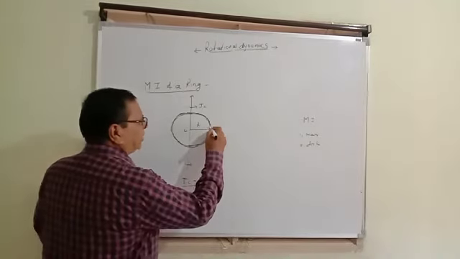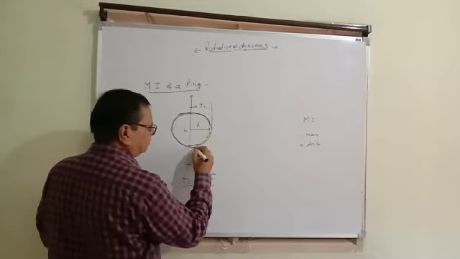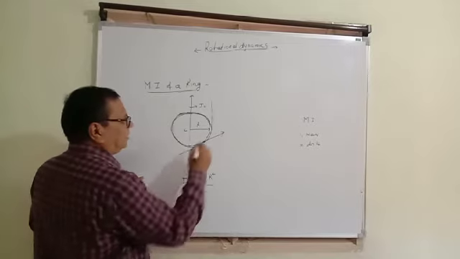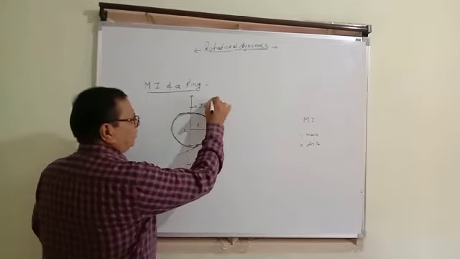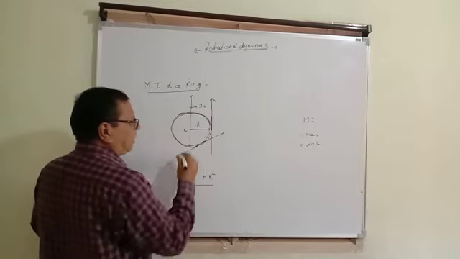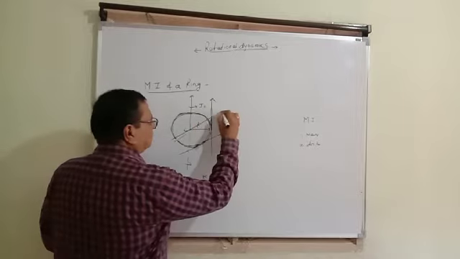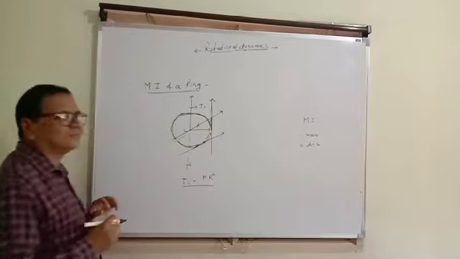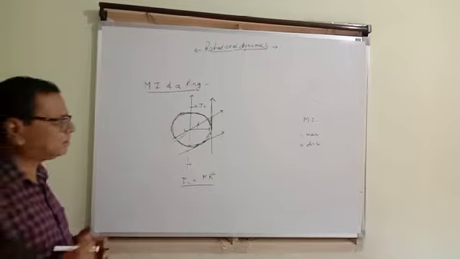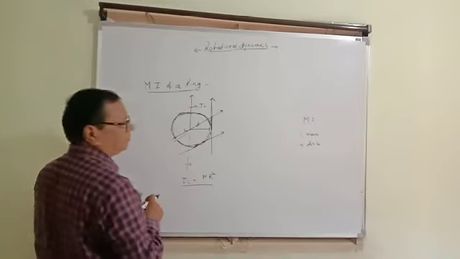Second axis: about a tangent in its plane, and tangent perpendicular to its plane, about its diameter. A ring can rotate in different axes. Main axis is passing through its center, which is m r square.